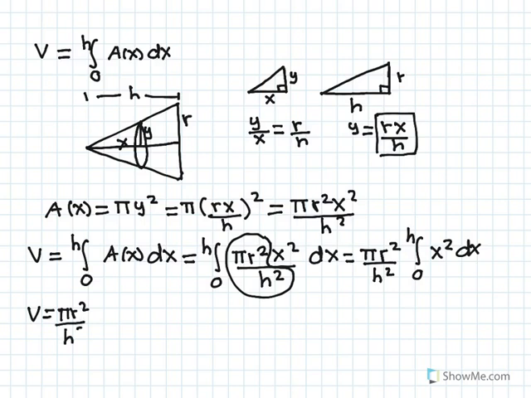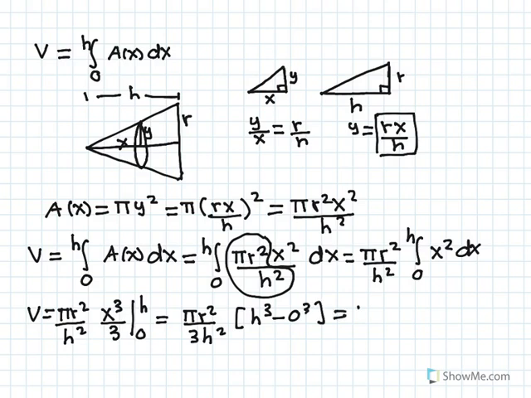That's going to be x cubed over 3, evaluated from 0 to h. So we get pi r squared over 3h squared times, put h in, we get h cubed. Put 0 in, we get 0 cubed. When you simplify this, you get pi r squared h cubed over 3h squared.